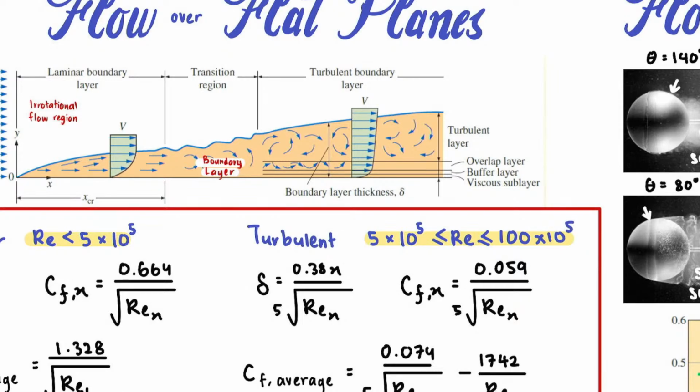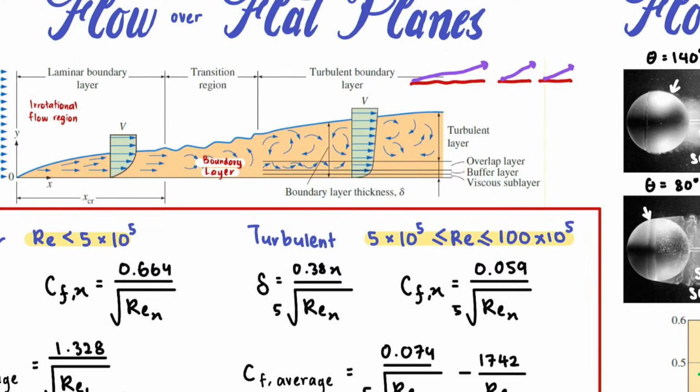Let me show you. Okay, imagine you have one surface. So the flow separation is like that. But if you have two surfaces, the flow separation will restart again. Like that.